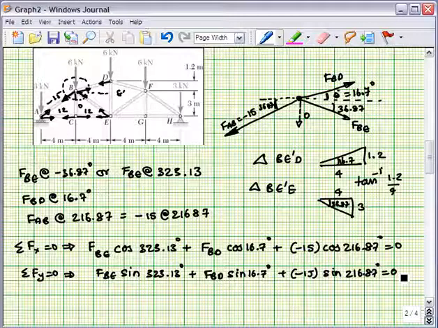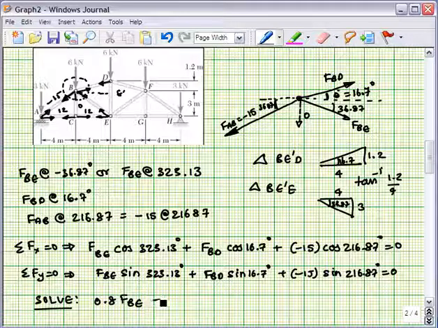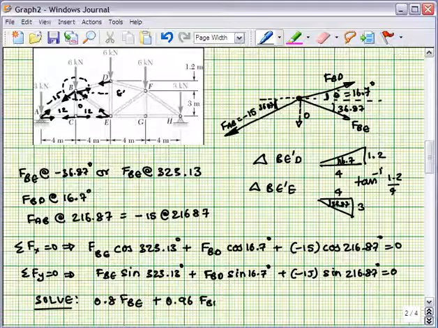So if you calculate these things, you should solve these two equations. 323.13 cosine is 0.8, so I get 0.8 FBE plus 16.7 cos, 0.96 FBD, 216.87 cos times 15, plus 12 must be equal to 0.